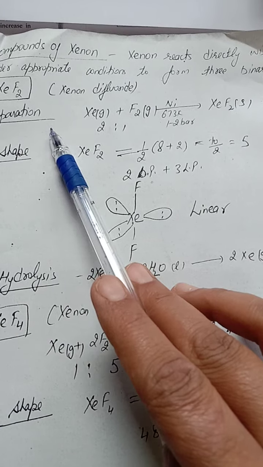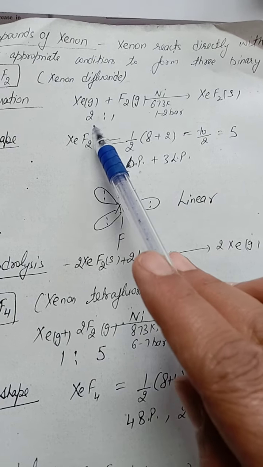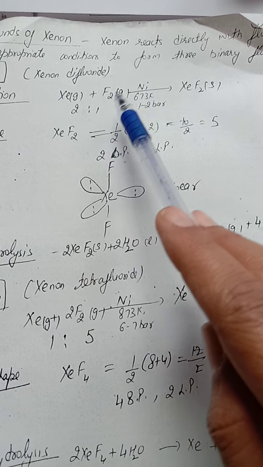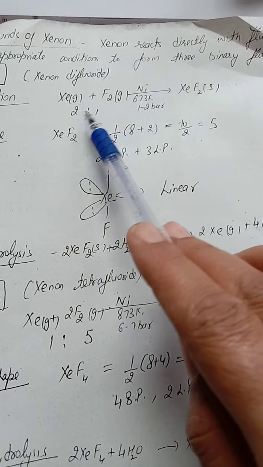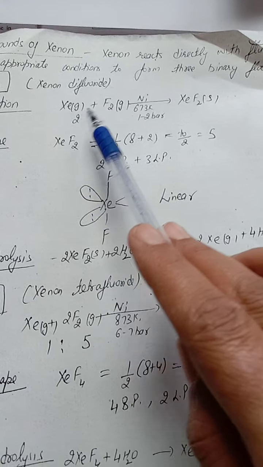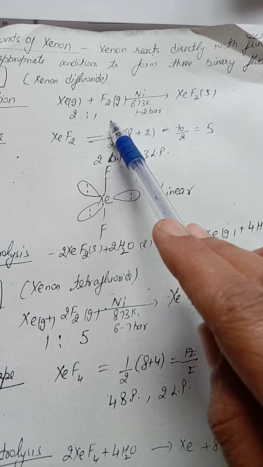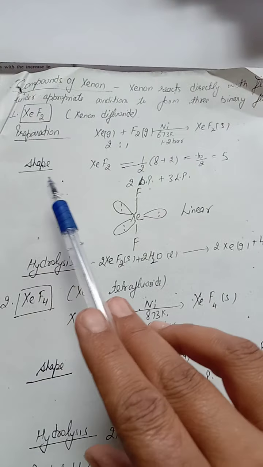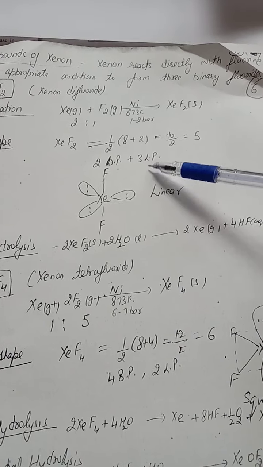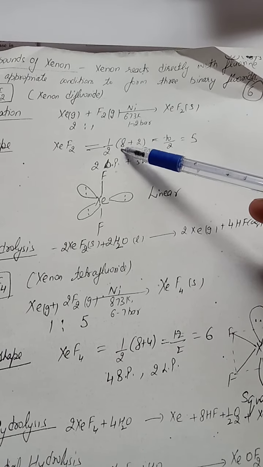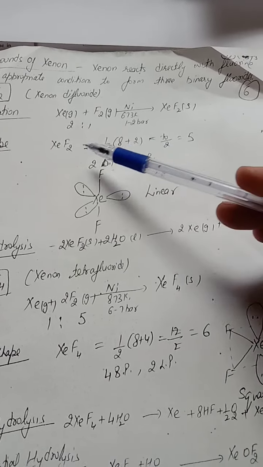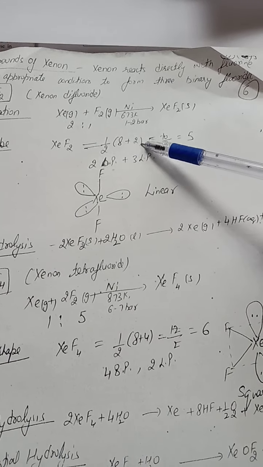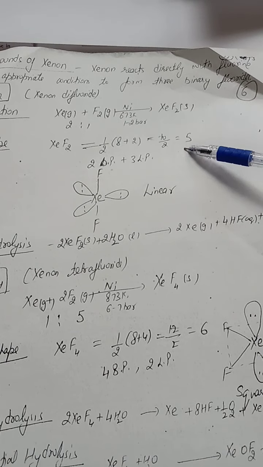Its method of preparation is xenon and fluorine in a ratio. This ratio is mandatory to learn here, along with its temperature. So when a 2:1 ratio of xenon and fluorine combine with one another, it will give us xenon difluoride. And its shape, as earlier we have done by the hybridization formula, because xenon has 8 valence electrons and fluorine is a monovalent atom, so it is 1/2 (8 + 2), which comes out to be 5.